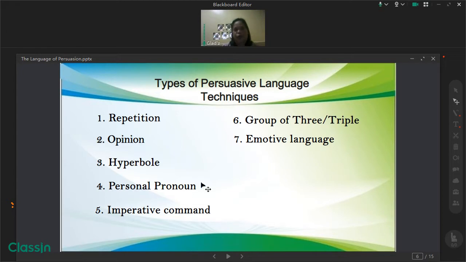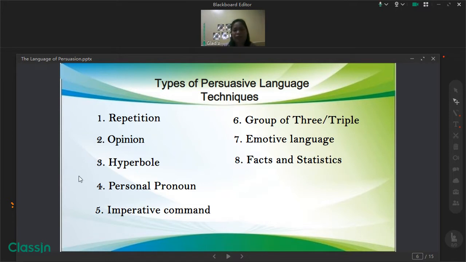Okay, so if you encounter those ads or those campaigns with the use of feelings, emotions, they are using the persuasive language technique, emotive language.